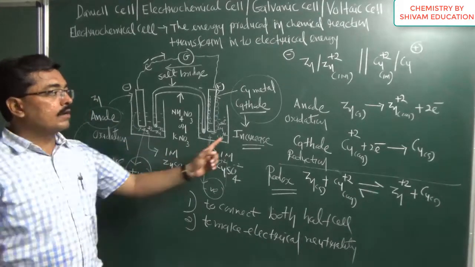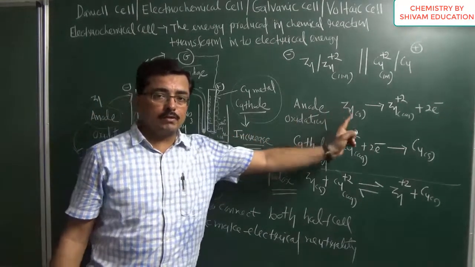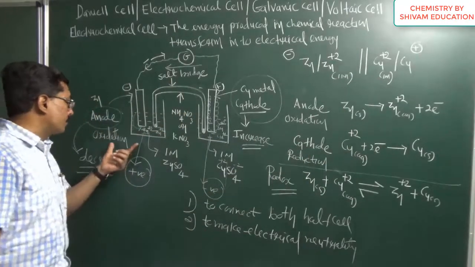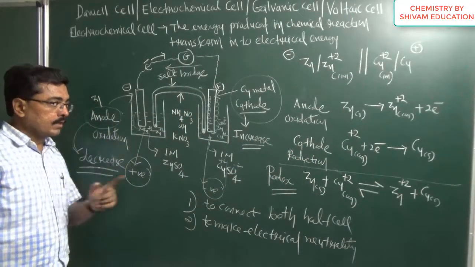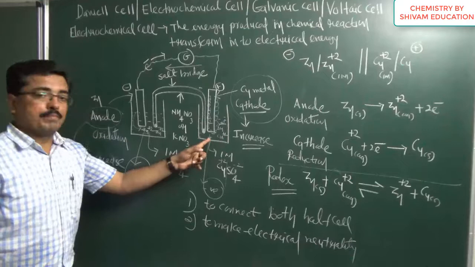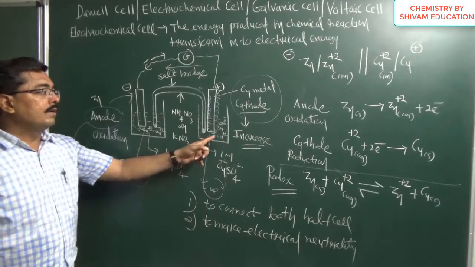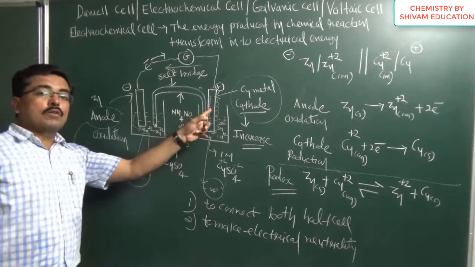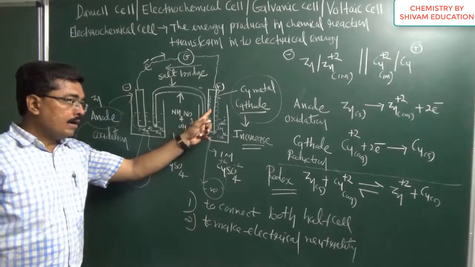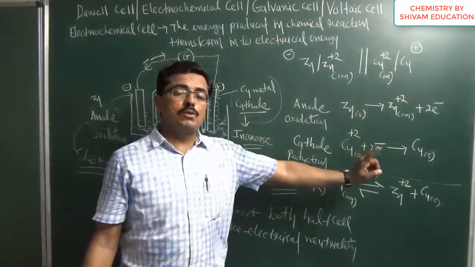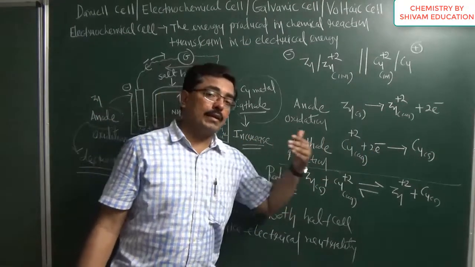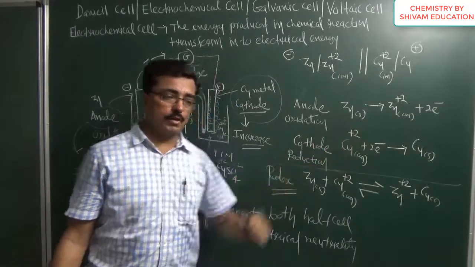So the zinc electrode undergoes an oxidation reaction converting into Zn+2, so this solution becomes positively charged. Copper ions present in the solution will be attracted to the copper metal electrode, undergo a reduction reaction and start to deposit. So it will act as a cathode and undergo reduction reactions.